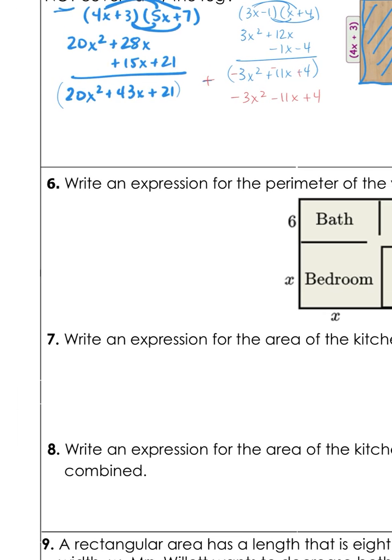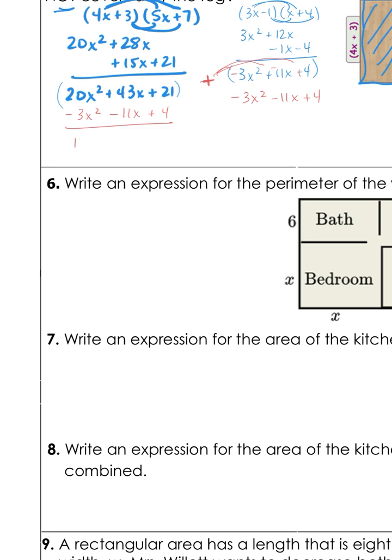Okay, so I've distributed the negative sign to all of the things in that second set of parentheses. And now I've turned it into a plus because that just makes more sense to me. So I'm just going to move these over here. And I'm going to say 20x squared plus 43x plus 21 minus 3x squared minus 11x and plus 4.